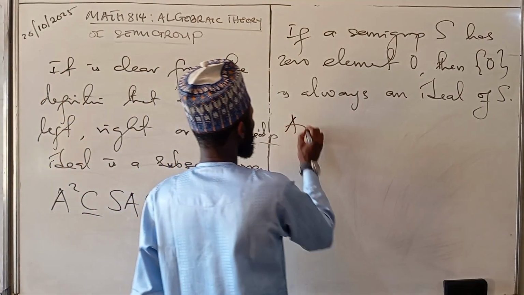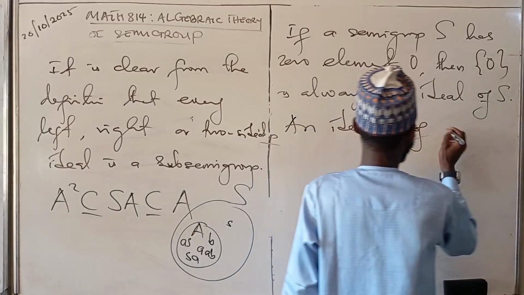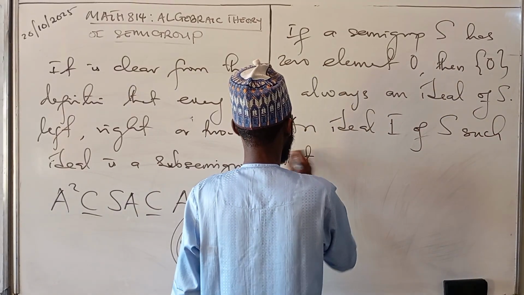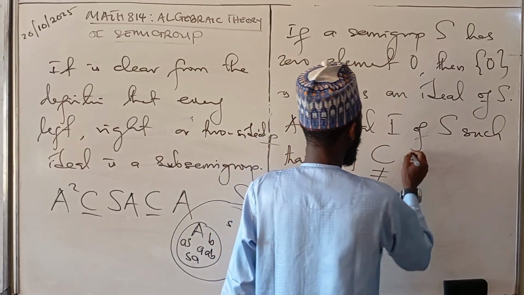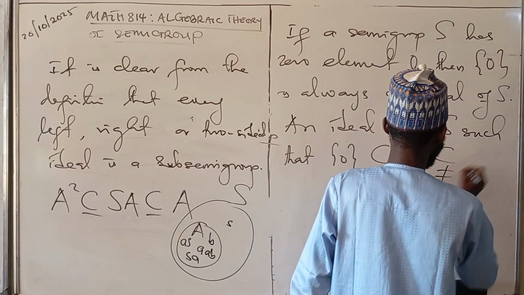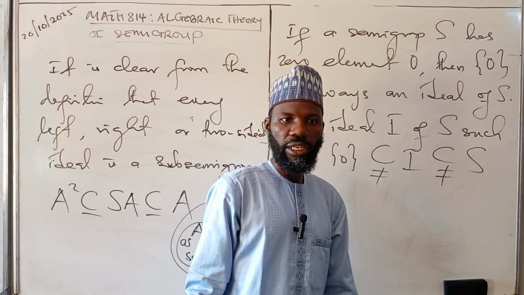Now, an ideal I of S such that I sits properly between 0 and S. I haven't mentioned that S is also an ideal of itself.